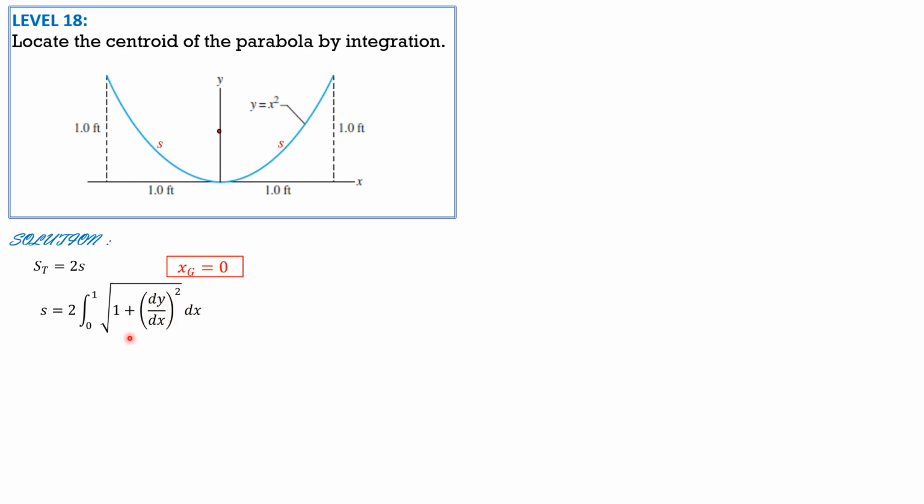But I'll use this because y is a function of x, and it's easy to obtain the derivative of y with respect to x. So y is x squared, therefore y prime or dy dx is 2x. Substitute here. So s is 2 times integral 0 to 1 of square root of 1 plus (2x) squared dx. Using the calculator, s is 2.958 feet.